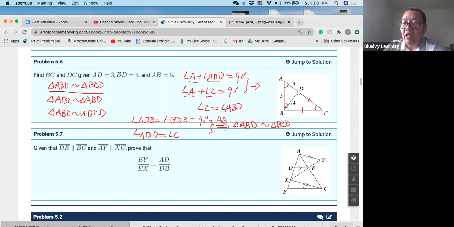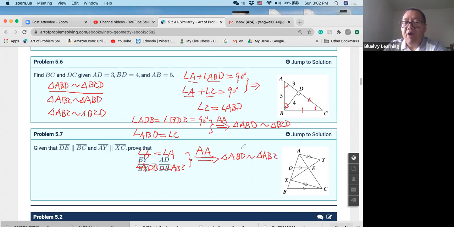Then ABD and ABC share the angle A. So angle A equals angle A. Then we have angle ADB equals angle ABC. Then put these two conditions together, use AA similarity. Then you can get triangle ABD similar with triangle ABC.